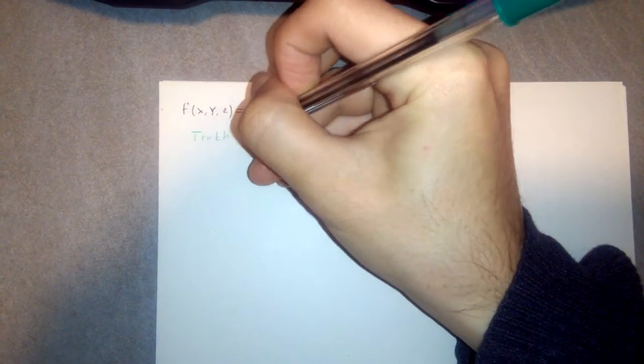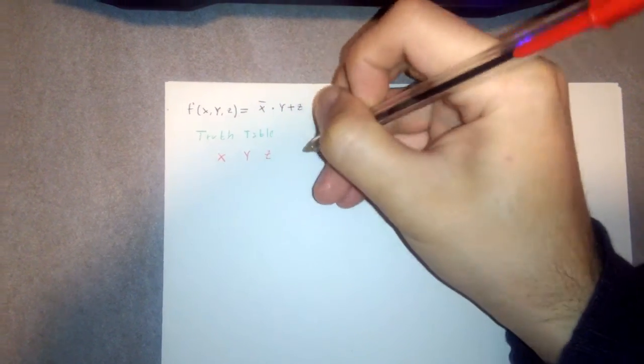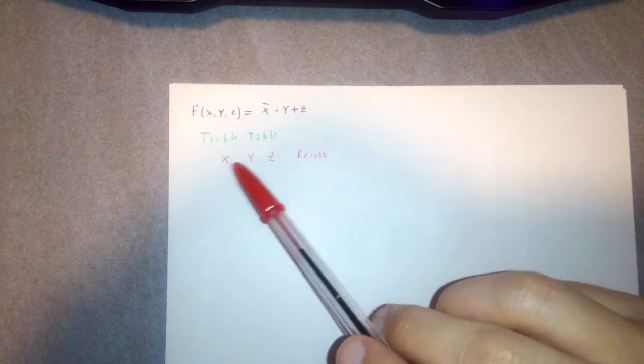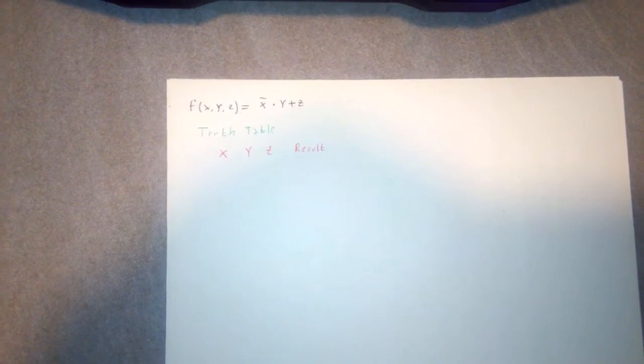Well, first of all, let's make our truth table. In order to do that, we basically have to put all the different inputs into the function and see what we get as an output.